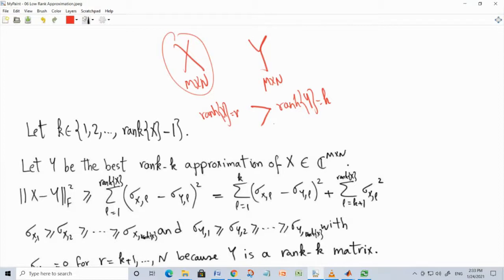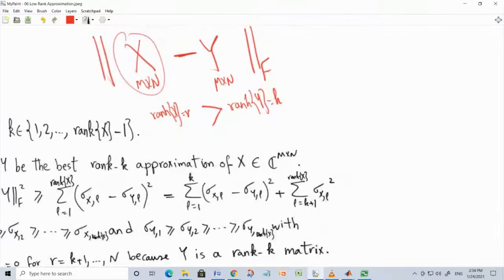And to do what? To obey what? What is the criterion here? We want the difference between these two matrices, if you compute the Frobenius norm, or the Frobenius norm squared of the difference, to be minimized. So let's write down our optimization problem.